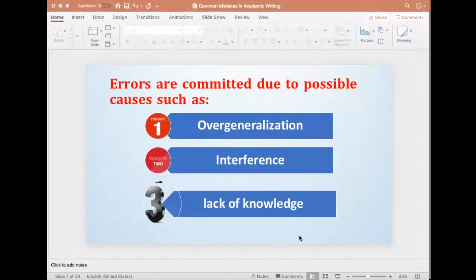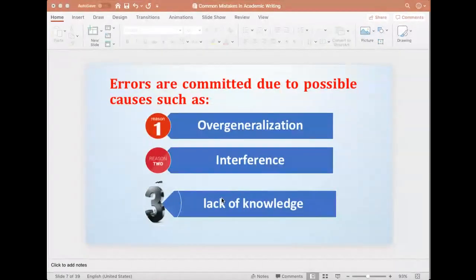But these are all called temporary mistakes or errors, and as they start improving in the second language, they will go away. They will be overcome. They will be reduced. All right, and fossilization, yeah, this is another issue.